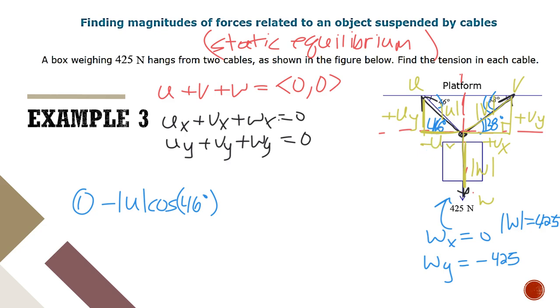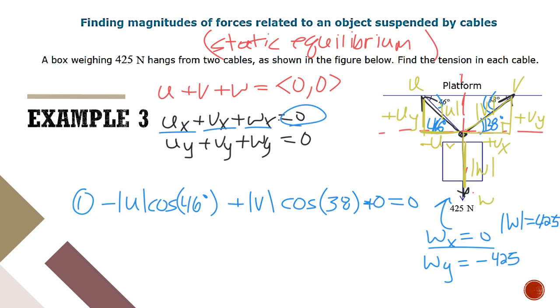Then for the next part, the v of x, we're going to be using this, which is positive. We're using this angle, still using cosine. So it'll be the positive magnitude of v and then cosine of 38. And then plus w x, which we know is 0, and it's equal to 0 like we set up here. That's what this first equation is going through.